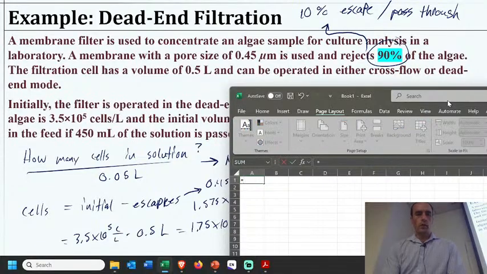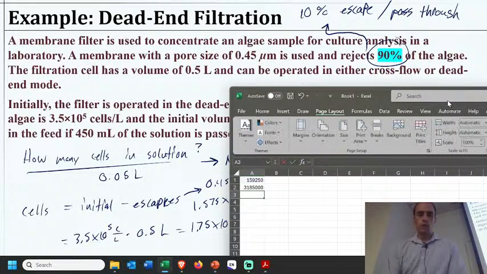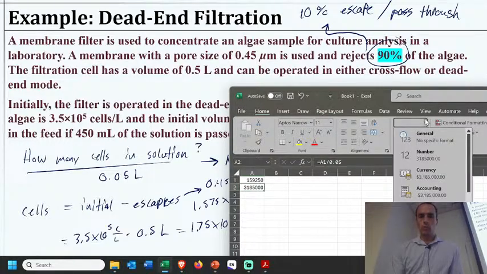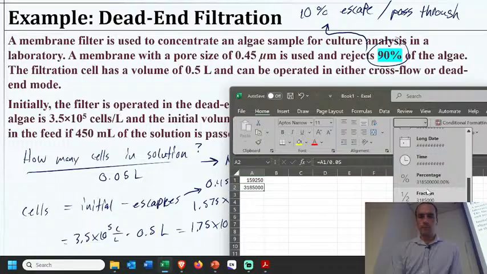All right, so we had 1.75 times 10 to the 5th minus 1.575 times 10 to the 4th. And then we're going to take that and divide it by 0.05 liters. Let's make it easy.